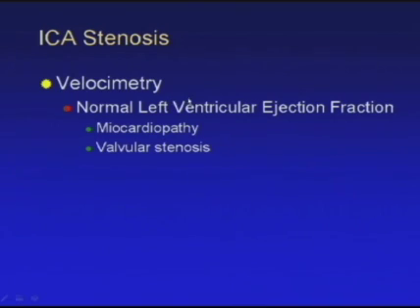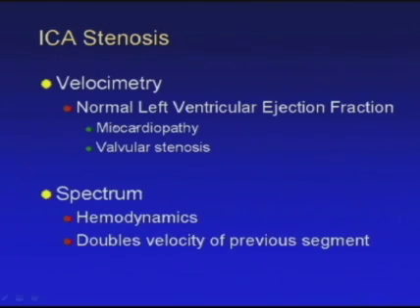The velocimetry is very important, but attention, it's very useful when our patient has a normal left ventricular ejection fraction. But some patients with myocardiopathy or valvular stenosis will not reach those velocities I mentioned before because of the ventricular ejection fraction.